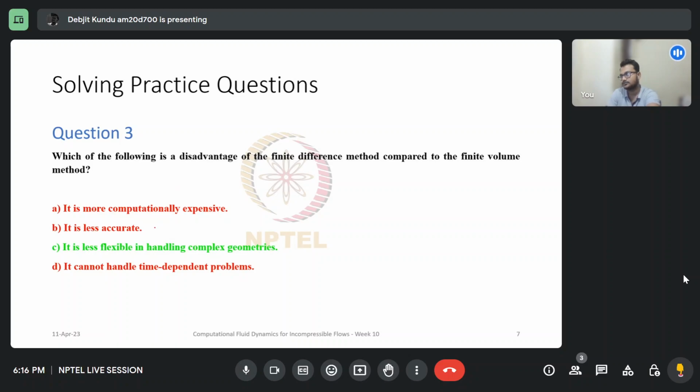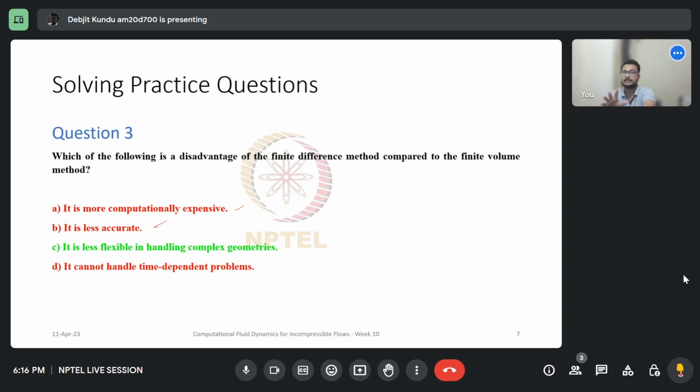The first two are incorrect because it's the same for both, given you are using the same grid size and time step size and all that, they are comparable. There is no huge difference between the two, and accuracy is also dependent on the grid size and the step size, and how you choose them.